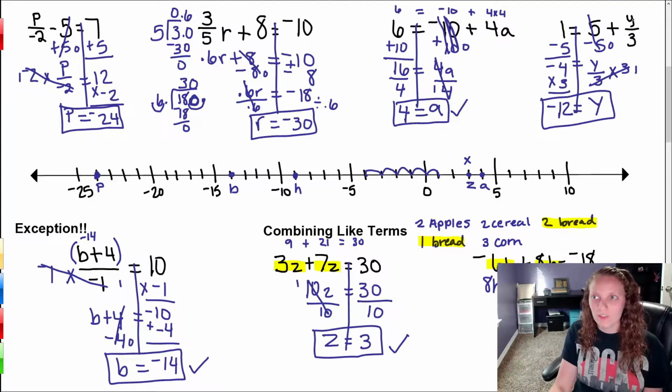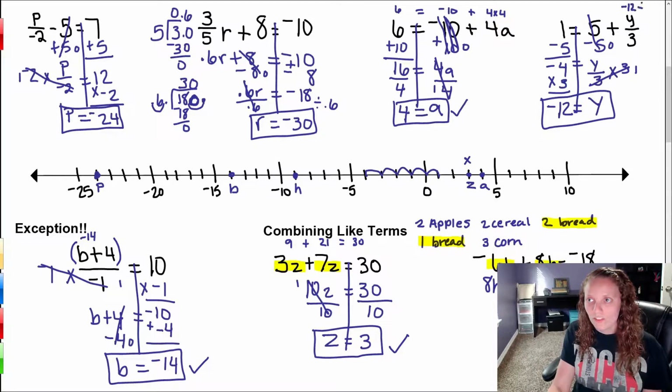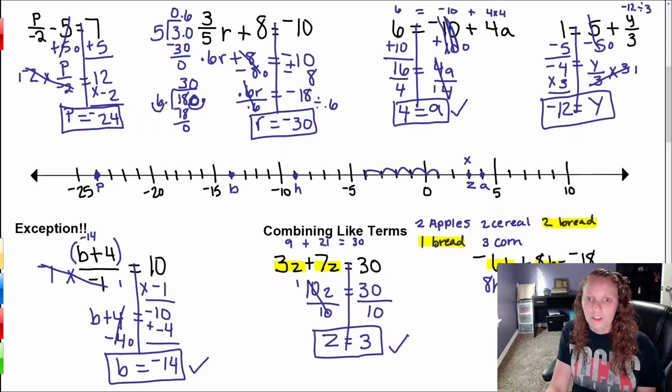Let's plug negative 12 in for y. So negative 12 divided by 3, that's negative 4. And then if we do negative 4 plus 5, so starting at that negative 4, 1, 2, 3, 4, 5, that does equal 1, so we know we are correct.